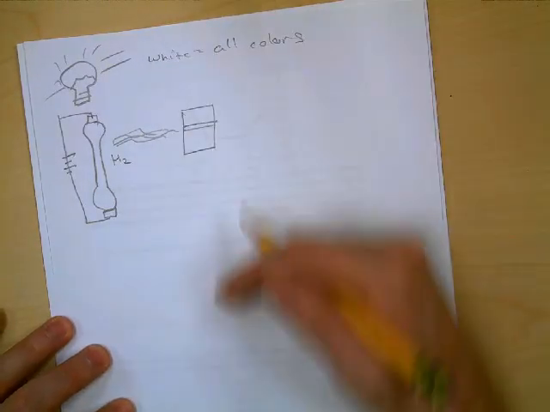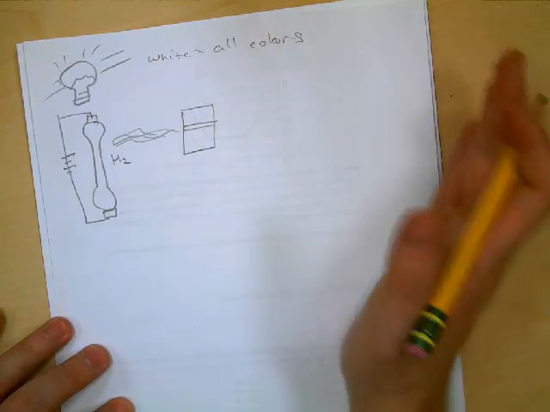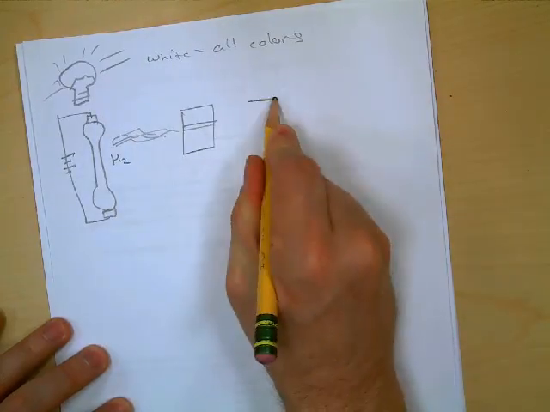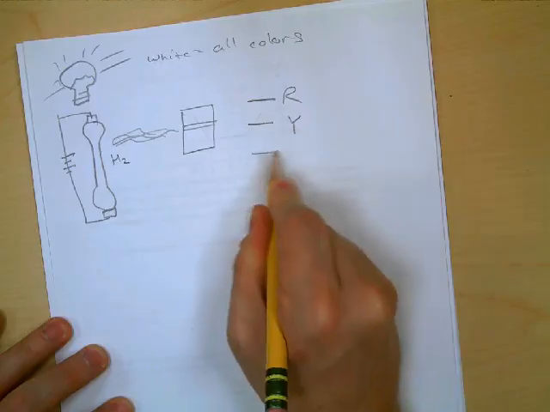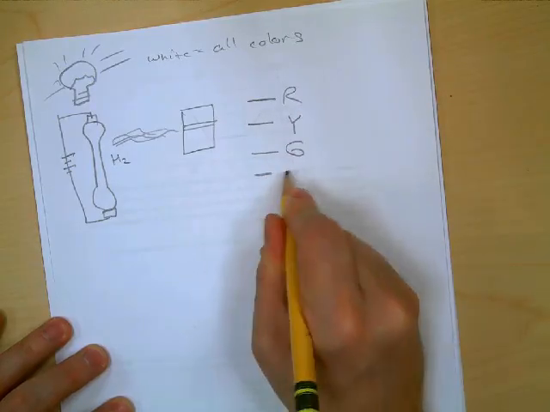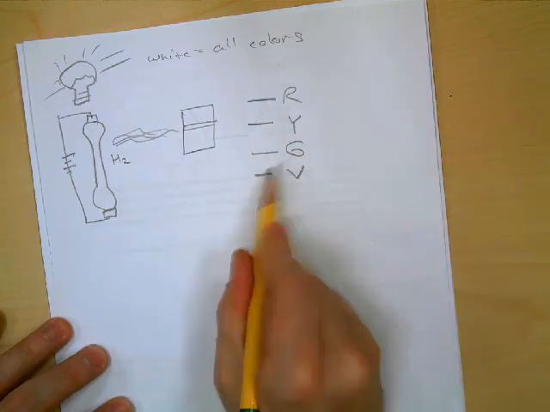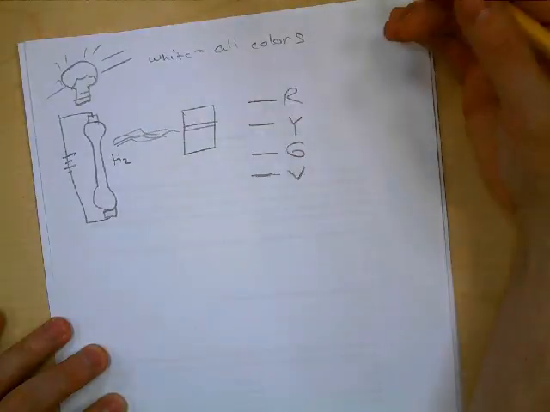What we see is a red line, and a yellow line, and a green line, and maybe a violet line, all spaced out, just single lines, instead of the whole rainbow, instead of the whole spectrum, we might say. A spectrum is all of it. This spectrum for hydrogen is very truncated. It's missing pieces.